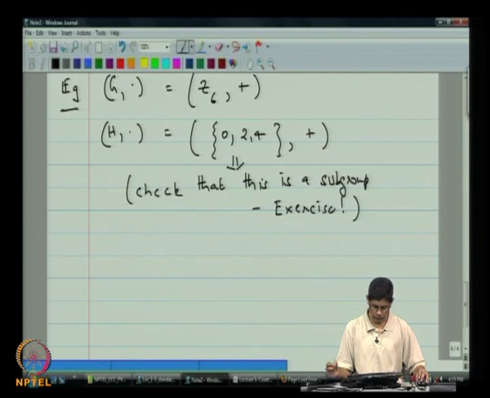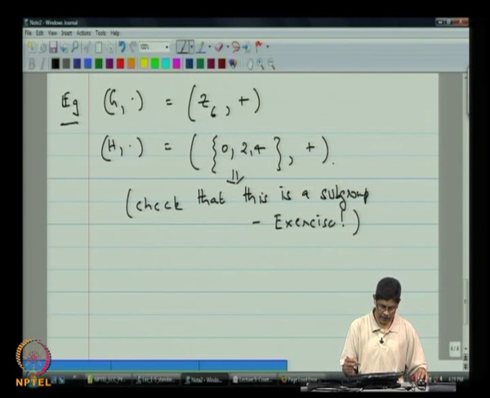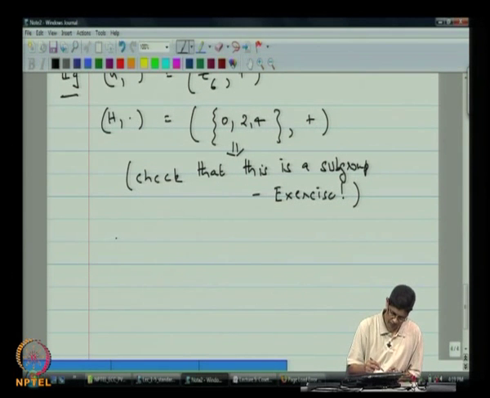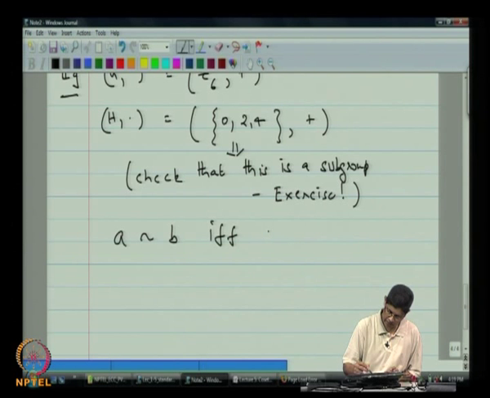Okay, so now the question is, what are the equivalence classes that arise from saying that A is equivalent to B if and only if AB inverse is an element of H?